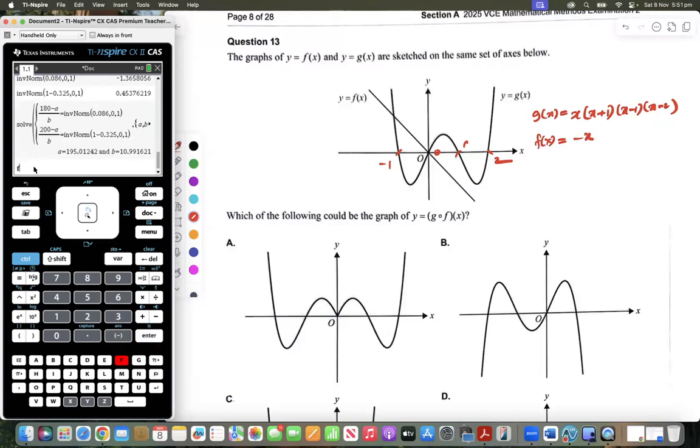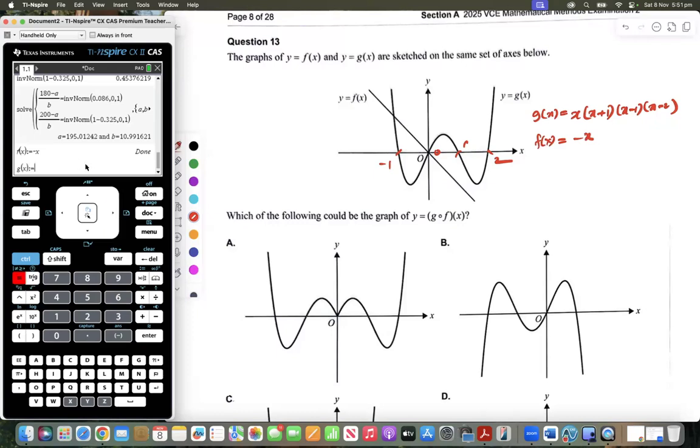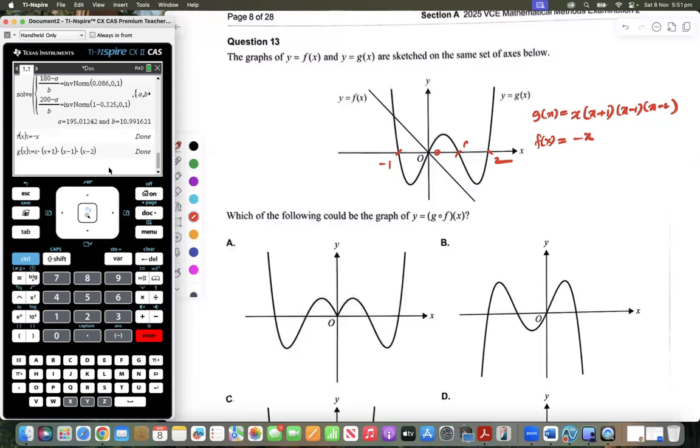Your first one, f of x, is equal to negative x, and your g of x is equal to x times x plus 1 times x minus 1 times x minus 2. I can get similar numbers, right? Okay, let's plot them first.